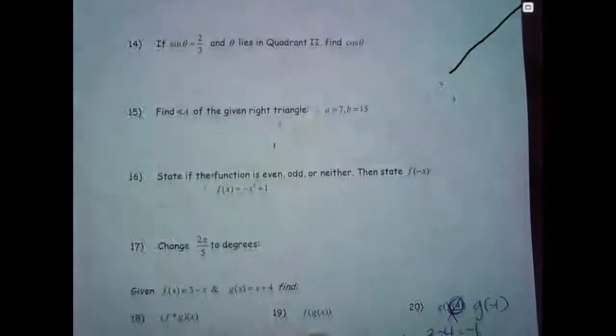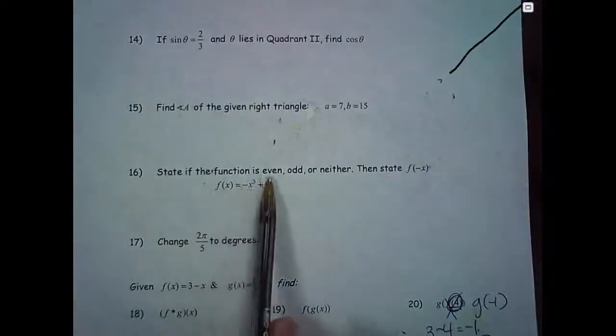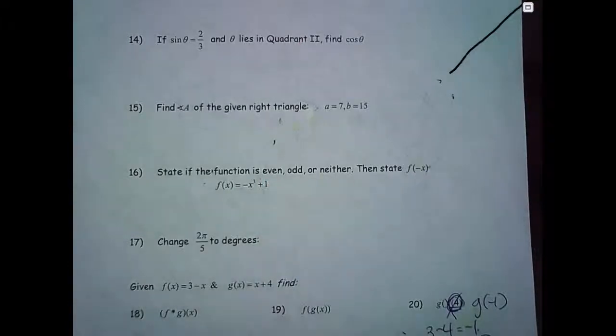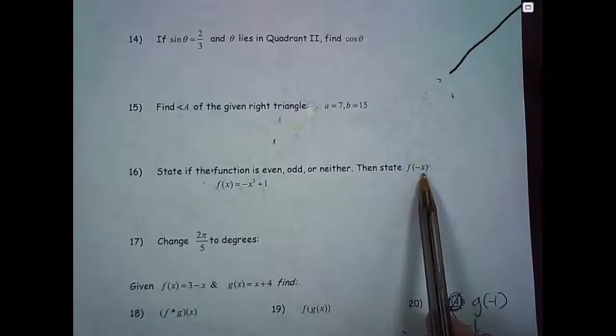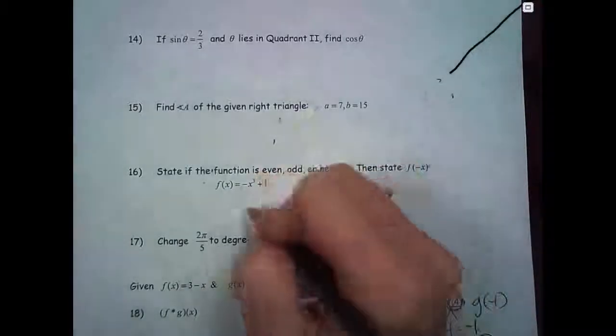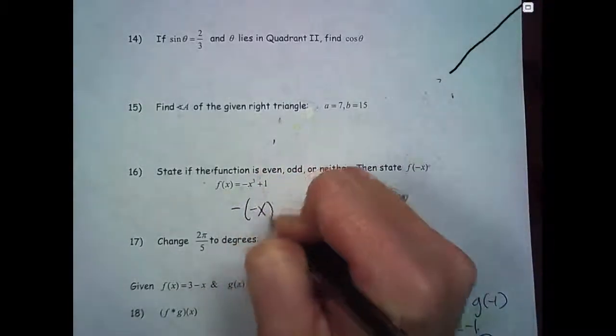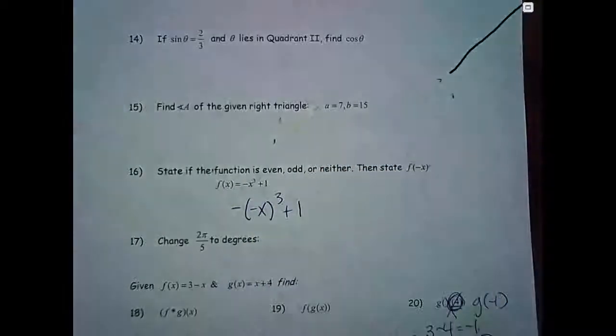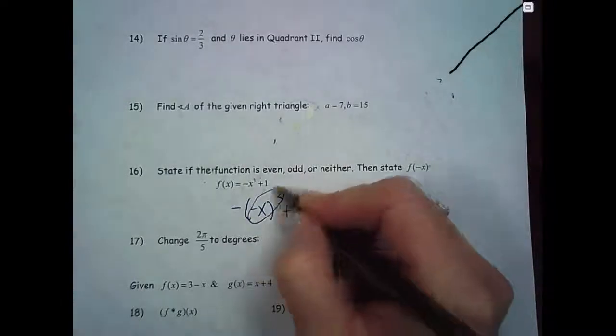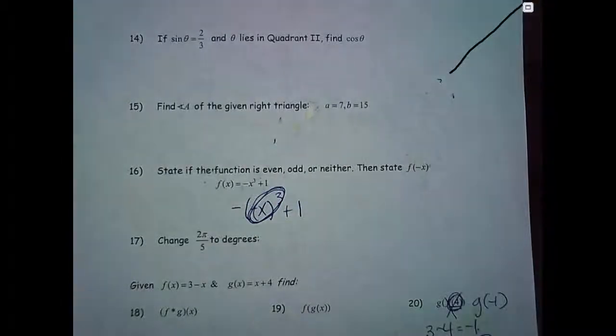How about 16? State if the function is even, odd, or neither. So we kick out x, and what do we put in its place to decide? -x. So the problem is going to look like this. Right? A negative cube stays negative.